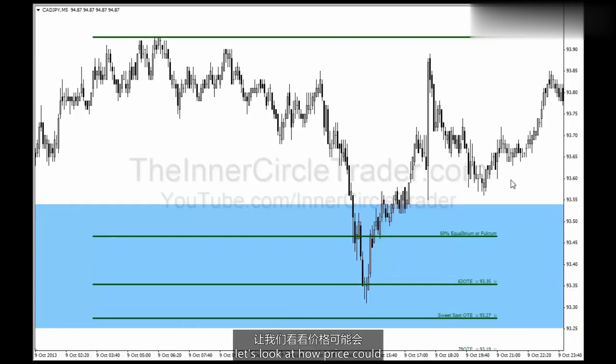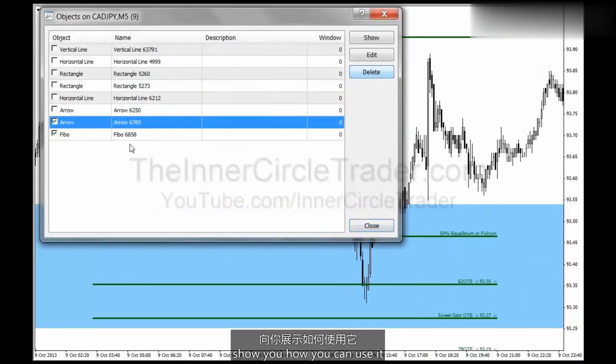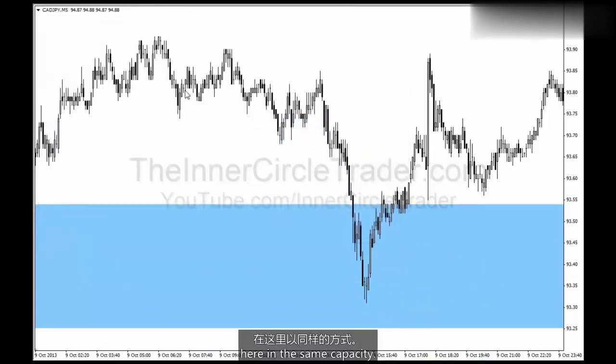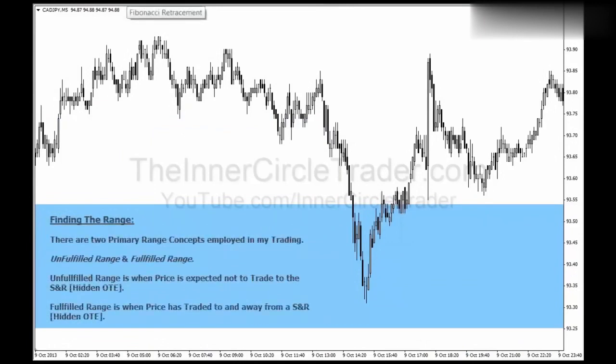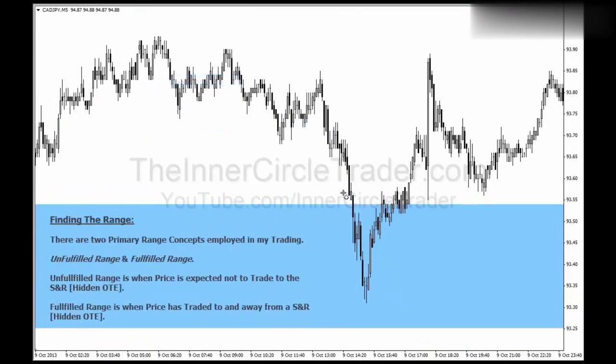Now let's look at how price could be utilized. Let's get this fib off. I'm going to show you how you can use it here in the same capacity. We're going to highlight the 50 level here. Let's put that over here where I can see it.